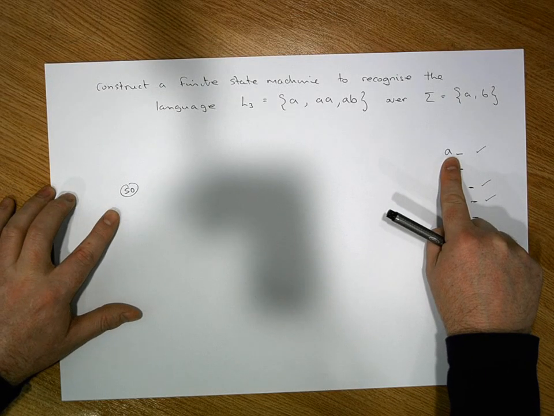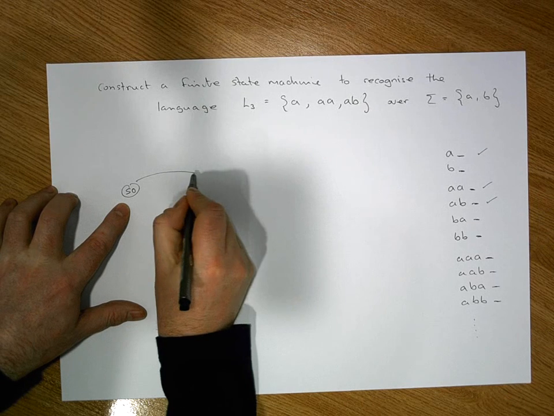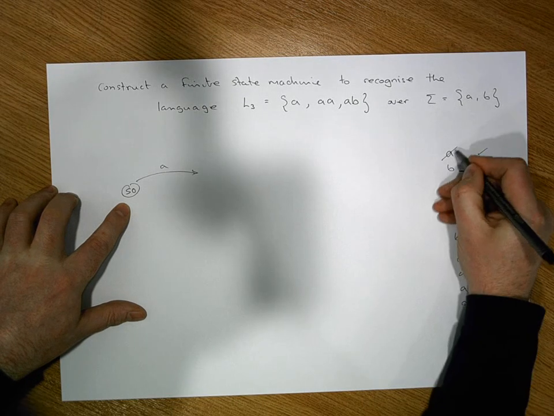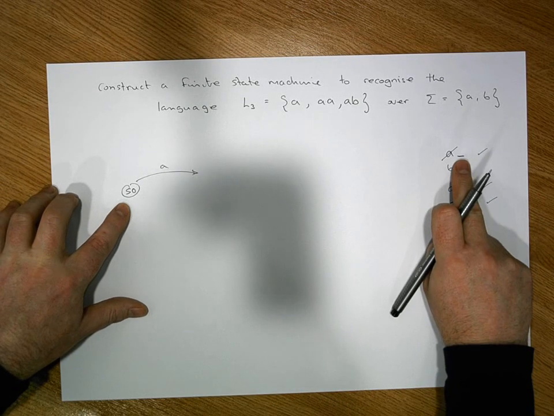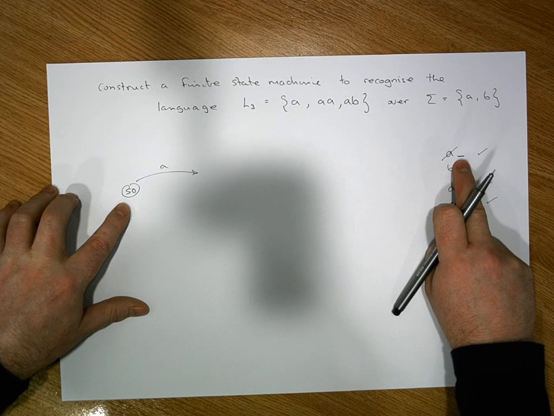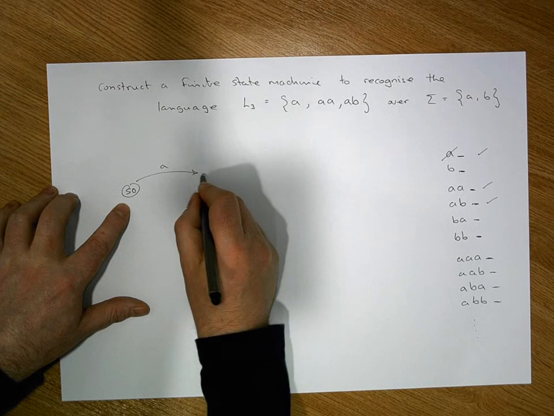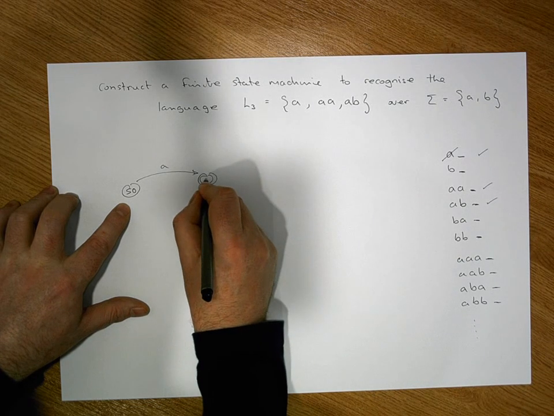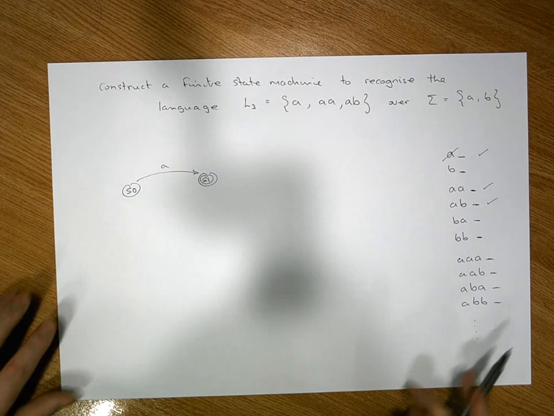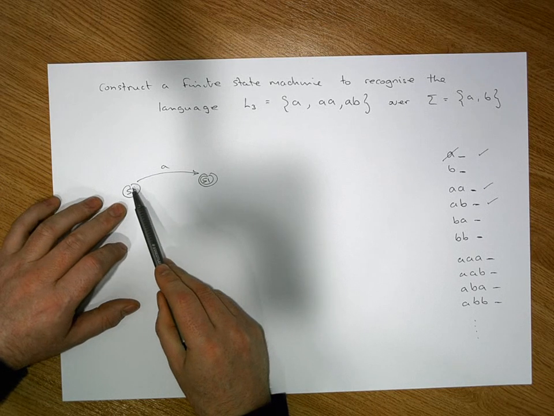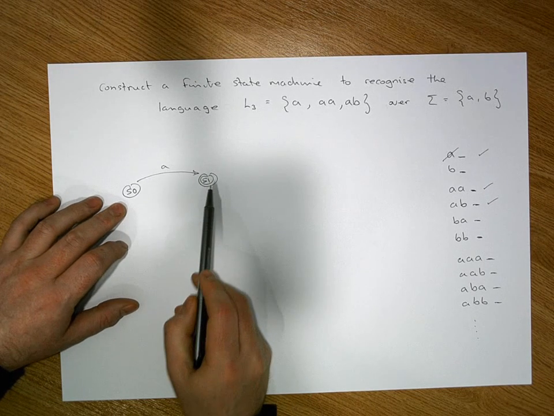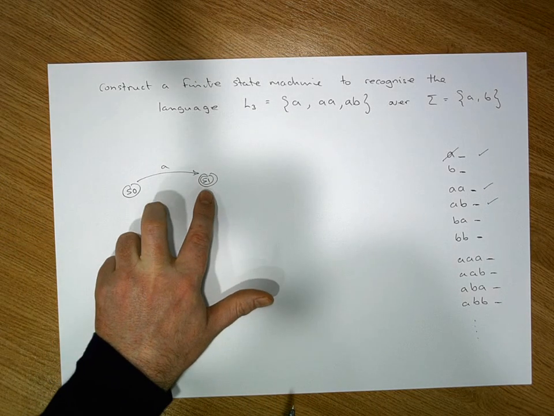It should consume the A, and after consumption there's nothing following that character in the input, so it should be in a final state. Let's call this final state S1. So this machine at this stage will consume a single A and bring us to a final state.